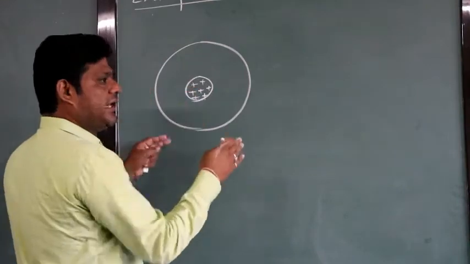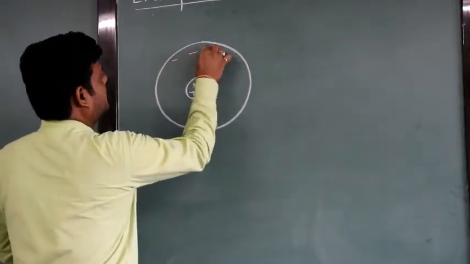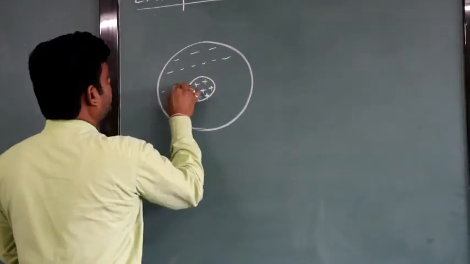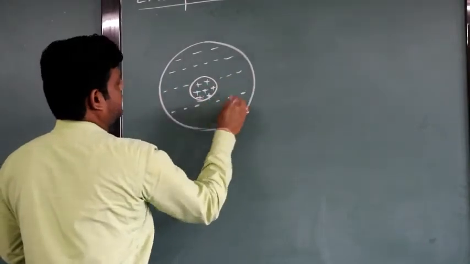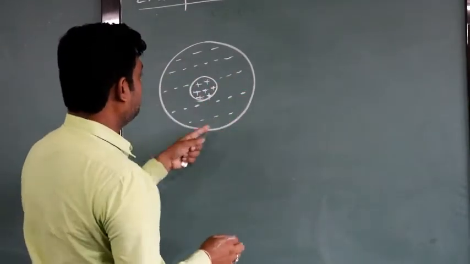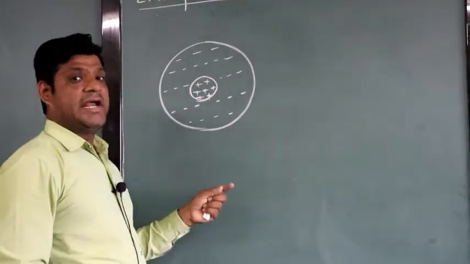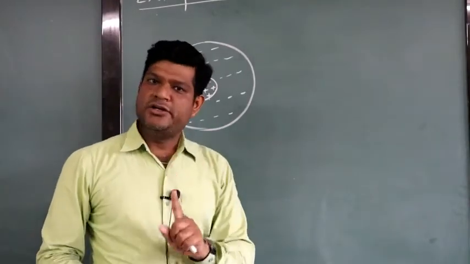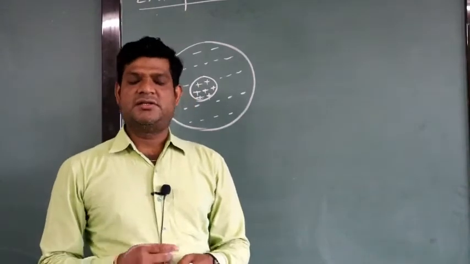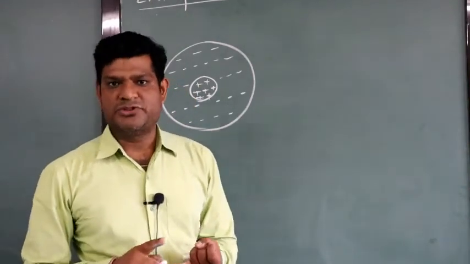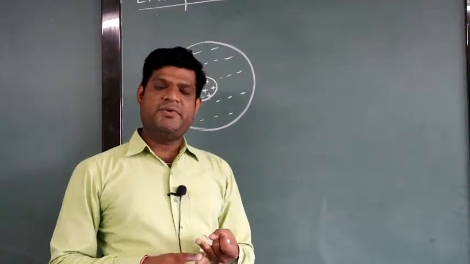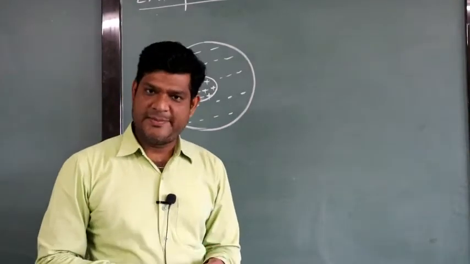And the remaining negative charges are around the nucleus. So these are the negative charges, and the positive charges are on the nucleus, and the atom is electrically neutral. It means the number of positive charges and the number of negative charges are the same.